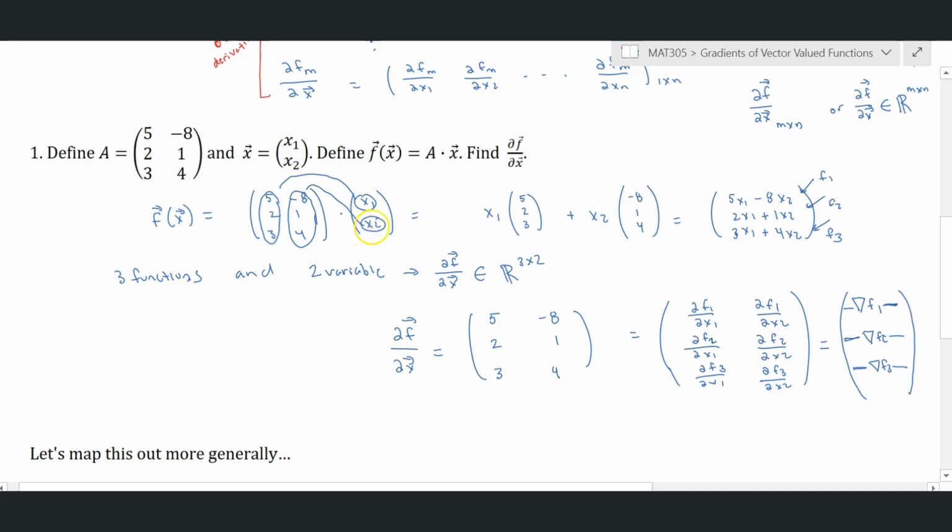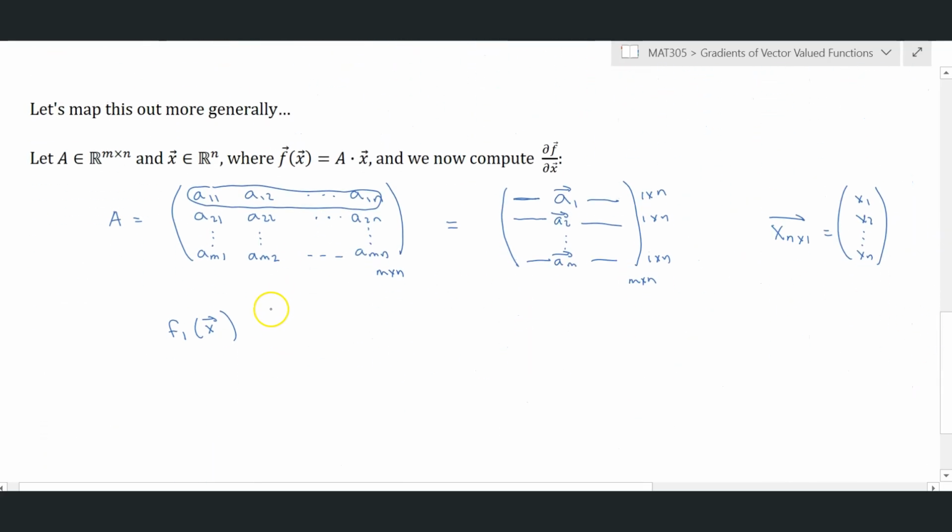So think about this as the row 5, negative 8 times the vector x1, x2, resulting in 5x1 minus 8x2. That's actually a dot product. We're taking a 1 by 2 times a 2 by 1 and getting a 1 by 1 element. 5x1 minus 8x2 is a single number. That's a 1 by 1 element.